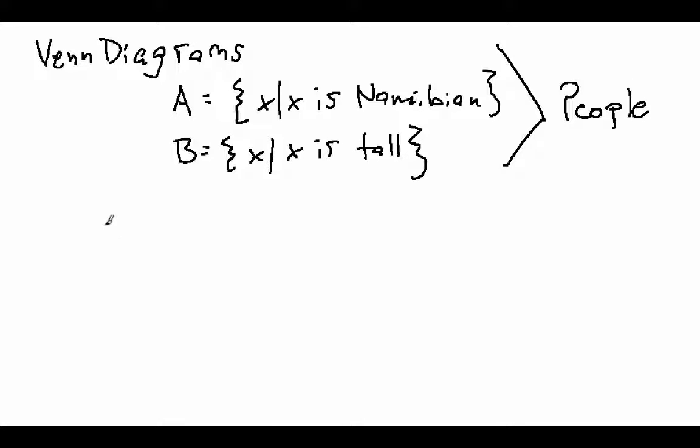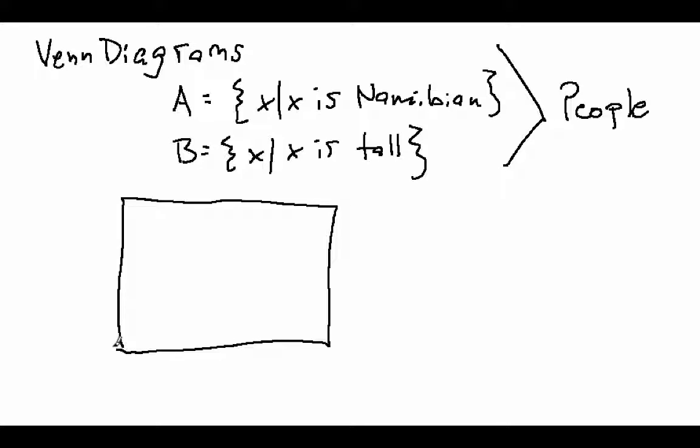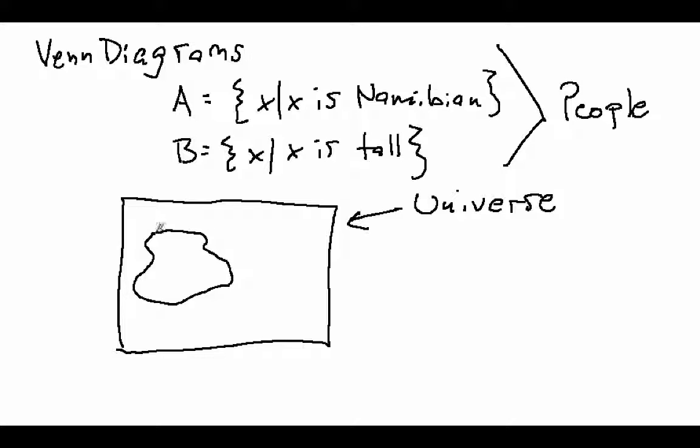Now we come over here, a Venn diagram says do the following. We'll draw a square, and this square over here, this is the universe. And somewhere inside of here, this is the set A. So inside the universe here, we have the set of all the Namibians.